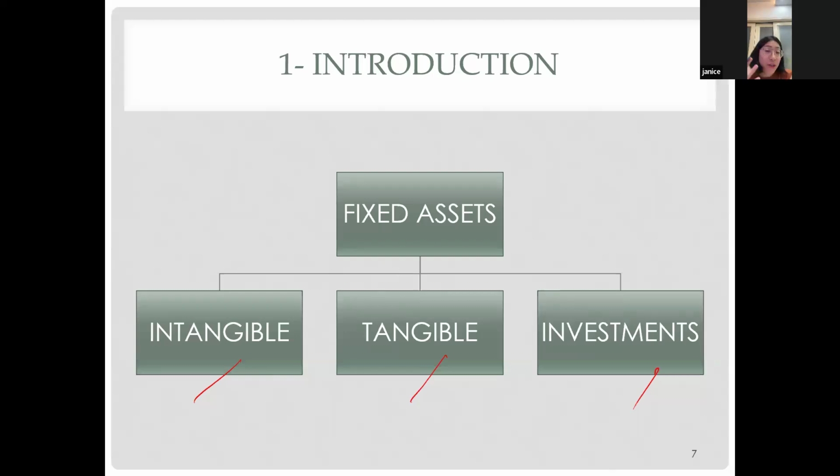So you can use the extra cash as a long-term investment. Of course, this is not one of your main activities, but it can help you earn some interest. Okay. And in FAU, we are only going to focus on the tangible part.